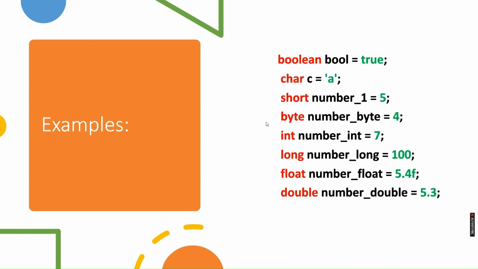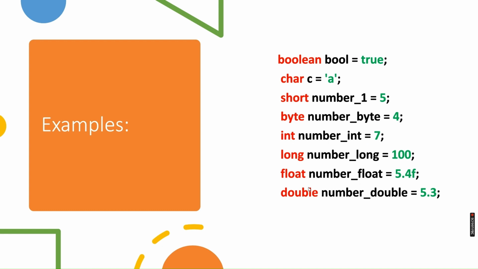Now we can do some examples by creating primitives like boolean bool equals true, char c equals single quote a. If you notice, it is a single quote. When we do String, it will be different, and I will show you that. Short number1 is 5, byte is 4, and so on.